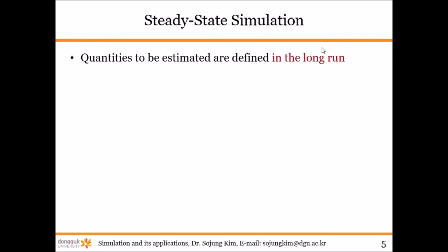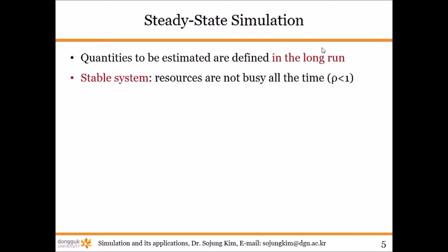Basically, all the performance measures in the steady state system should be stabilized. That's why we have to run the simulation model for a really long time. In a stable system, we also have the assumption that the traffic intensity is lower than 1.